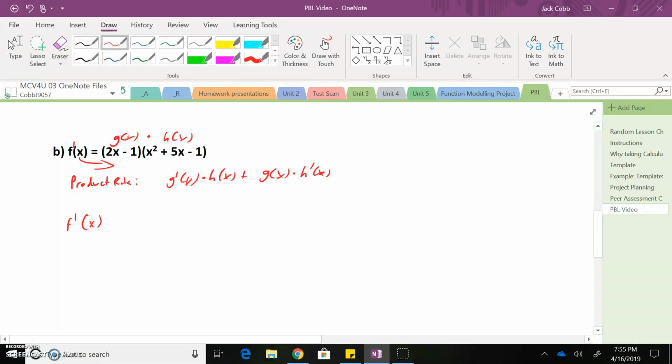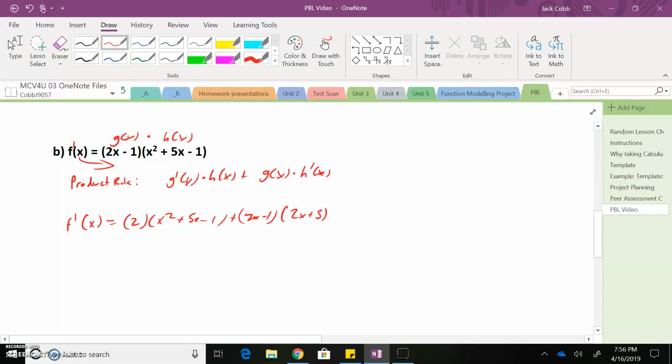So what's this going to look like? What's the derivative of this first one? We'll use the power rule to determine the derivative. That's going to look like 2 times (x squared plus 5x minus 1) plus (2x minus 1) times (2x plus 5).